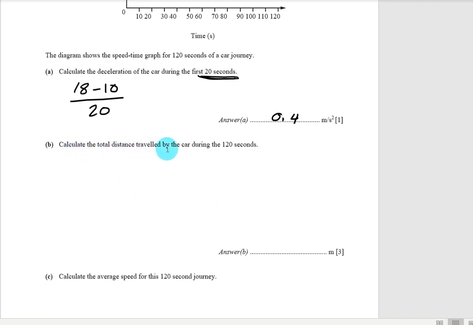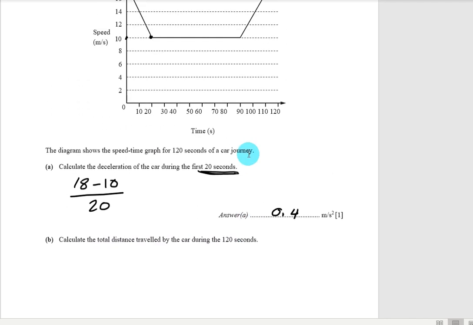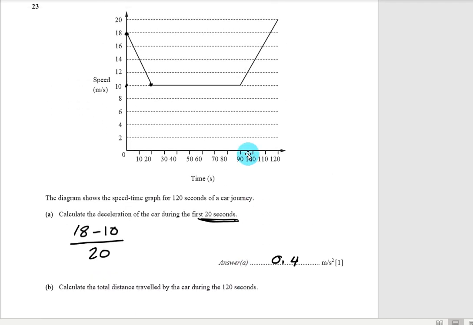Calculate the total distance traveled by the car during 120 seconds. So we need the distance over the total journey. So we need to find the area under the graph.